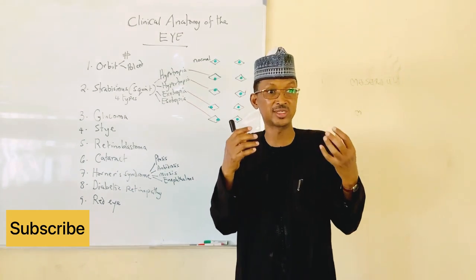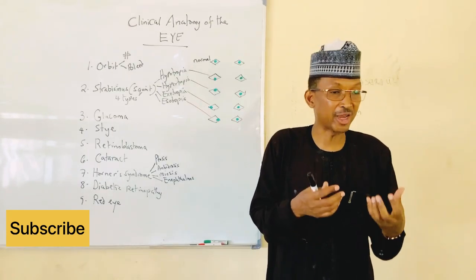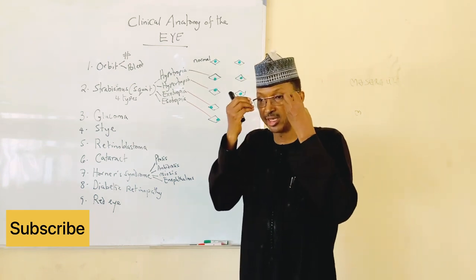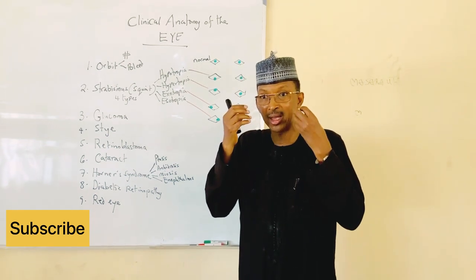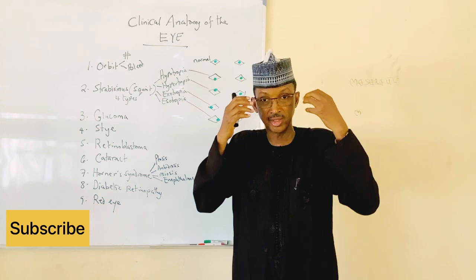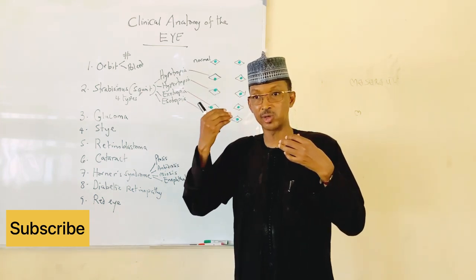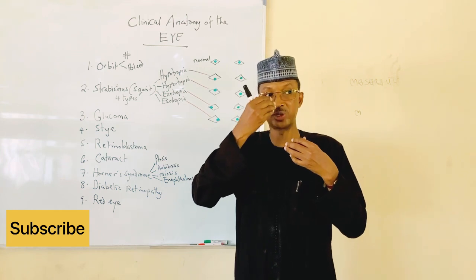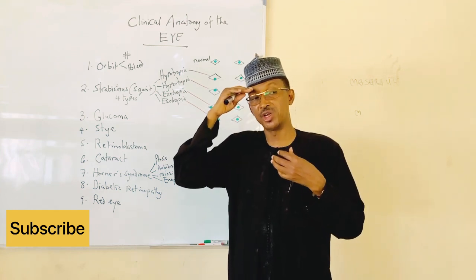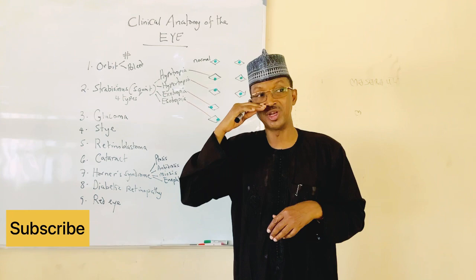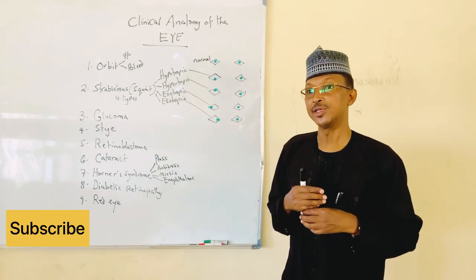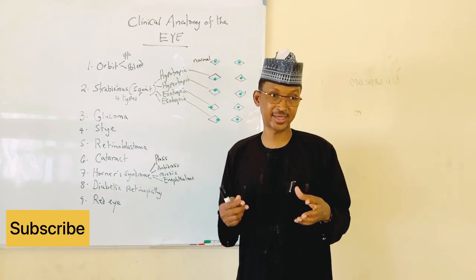Our orbit is just like a pyramid. It is a hollow space, and it has four walls: superior wall, inferior wall, lateral wall, and medial wall. Are you clear? Or you can say the superior wall is the roof, while the inferior wall is the floor of the orbit, or the eye socket. You get it?